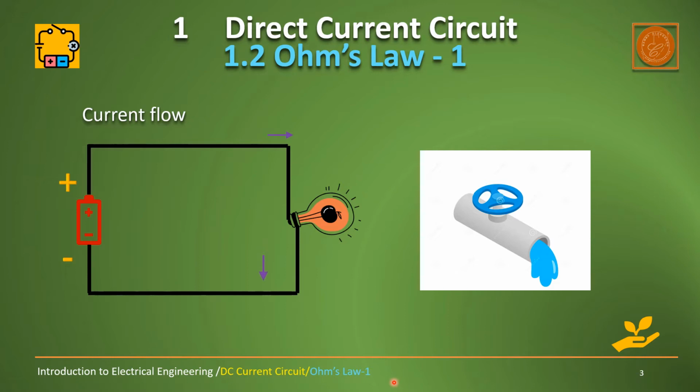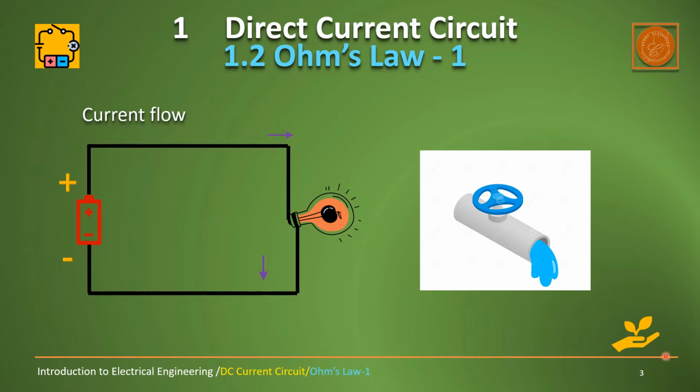This is the conventional direction. This continual movement of free electrons in a circuit is called a current. We call this the current.